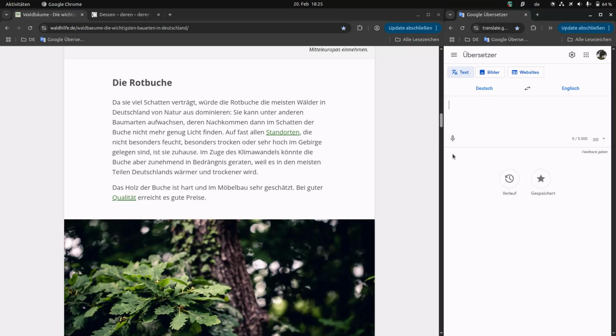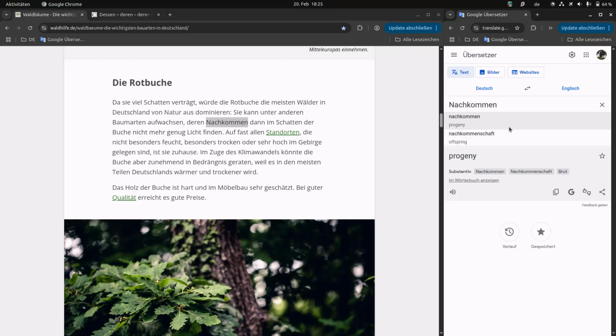And yeah, so sie kann unter anderen Baumarten aufwachsen. She or it can grow up under other tree species. Deren, of those, whose, basically, in this case. Nachkommen, which I think means offspring, if I'm not completely mistaken.